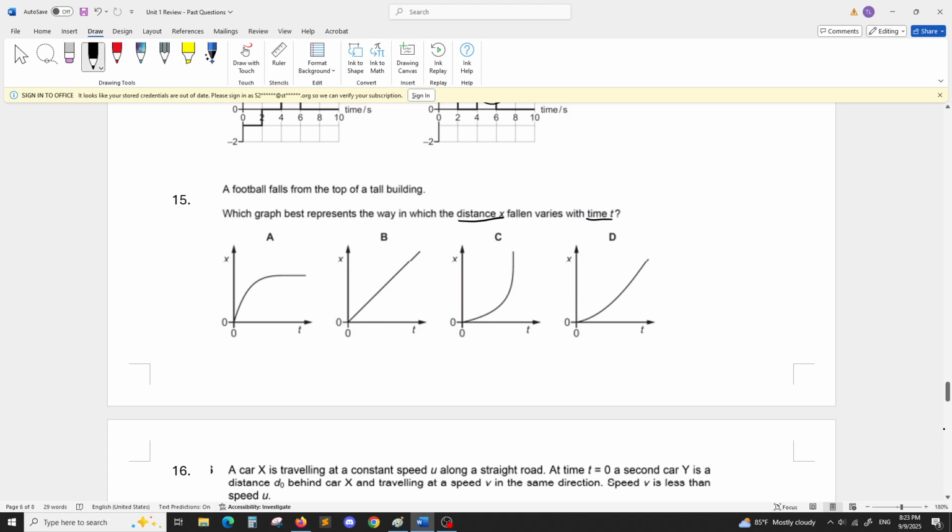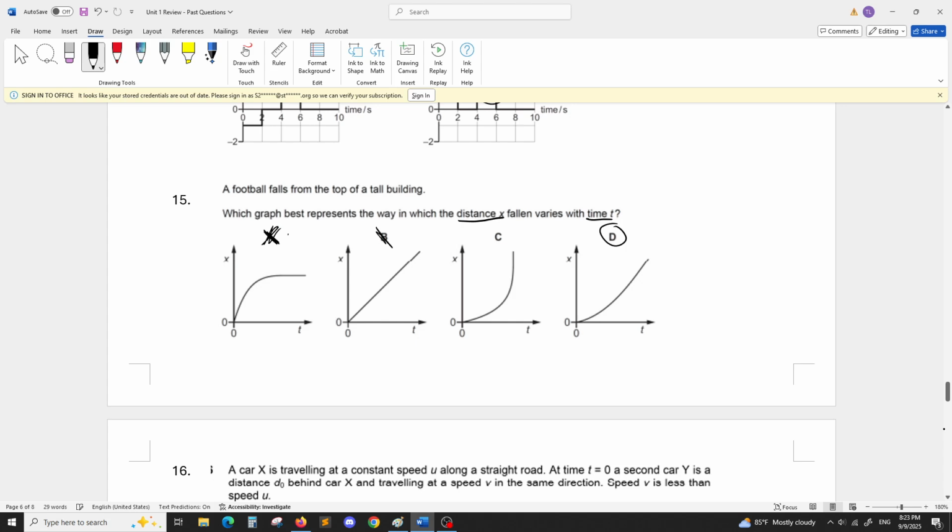So in this case, it's actually going to be D. A does not work because as you're falling down, the force of gravity is actually pulling you down. So it's definitely not A. B, you don't go at a constant velocity, you accelerate of some kind.